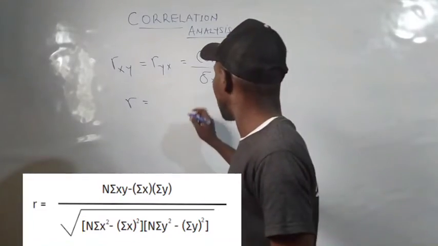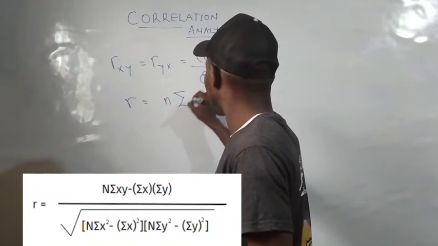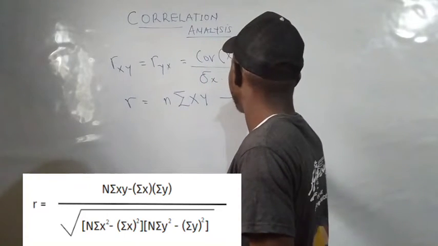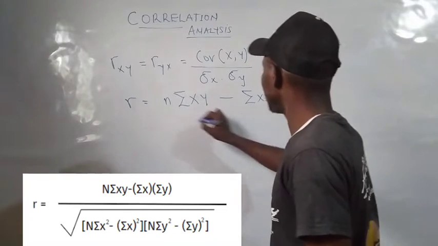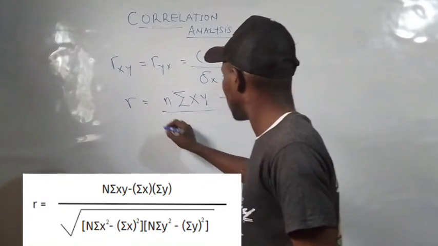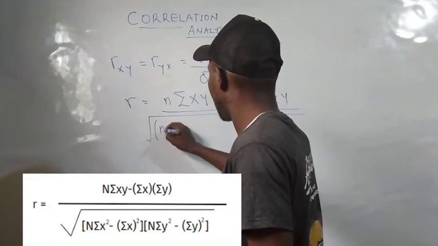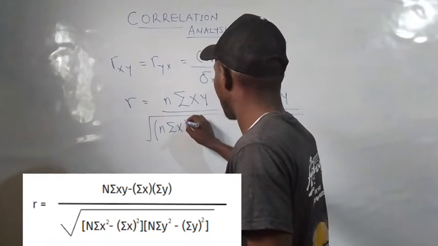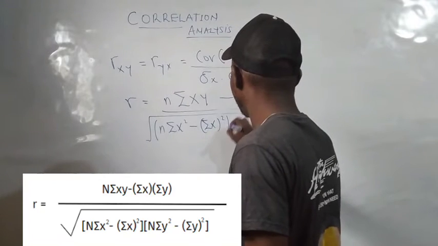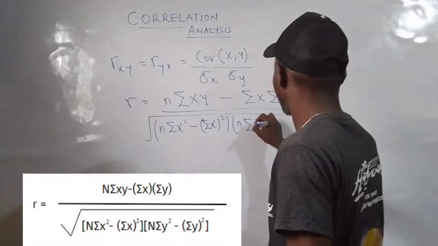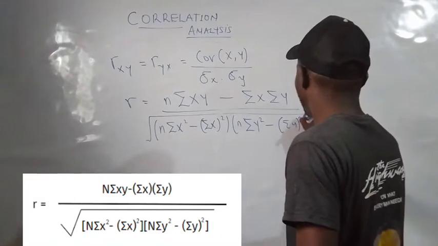So at the end, we should be able to come out with the formula: n summation xy minus the summation of x times the summation of y, all over the square root of, in brackets, n summation of x squared minus summation of x all in brackets squared, then n summation of y squared minus summation of y all in brackets squared.